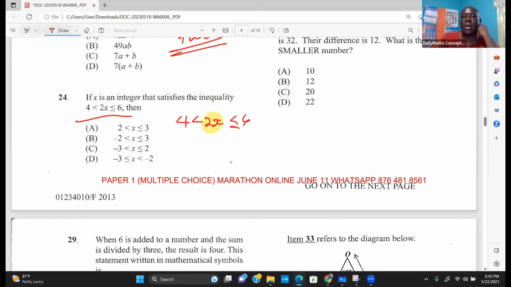So I'll divide by 2, which means I have to divide everything else by 2. And then you look for your answer. There it is. So you solve it.